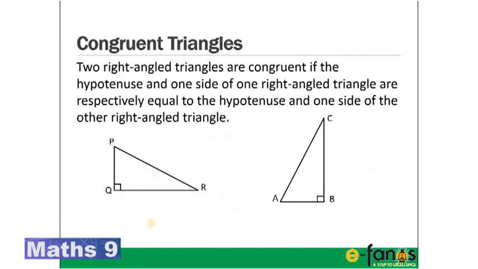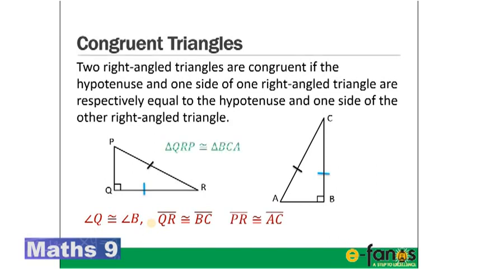Two right-angled triangles are congruent if the hypotenuse and one side of one right-angled triangle are respectively equal to the hypotenuse and one side of the other right-angled triangle. So for PQR and ABC, if angle Q equals angle B, because they're both right angles, QR is congruent to BC, and PR is congruent to AC, then we say that triangle QRP is congruent to triangle BCA.